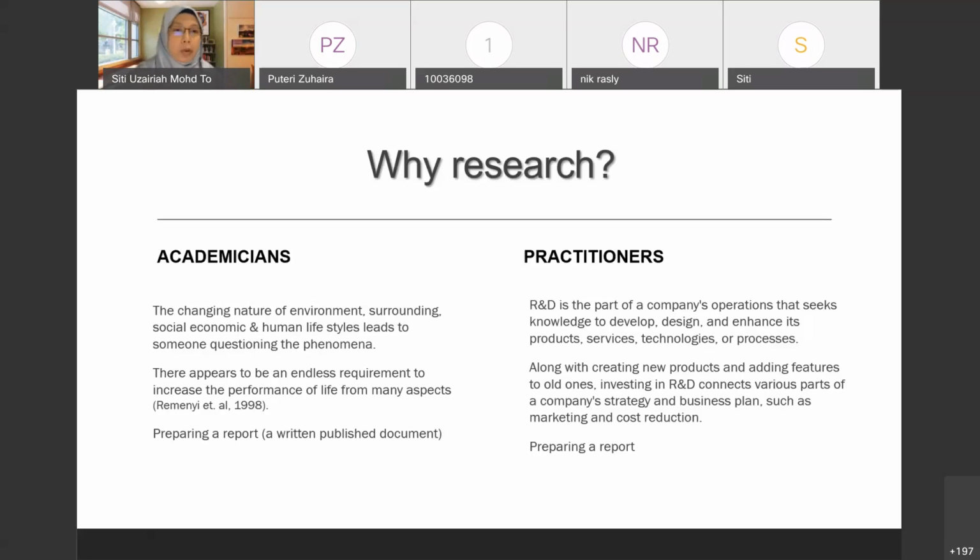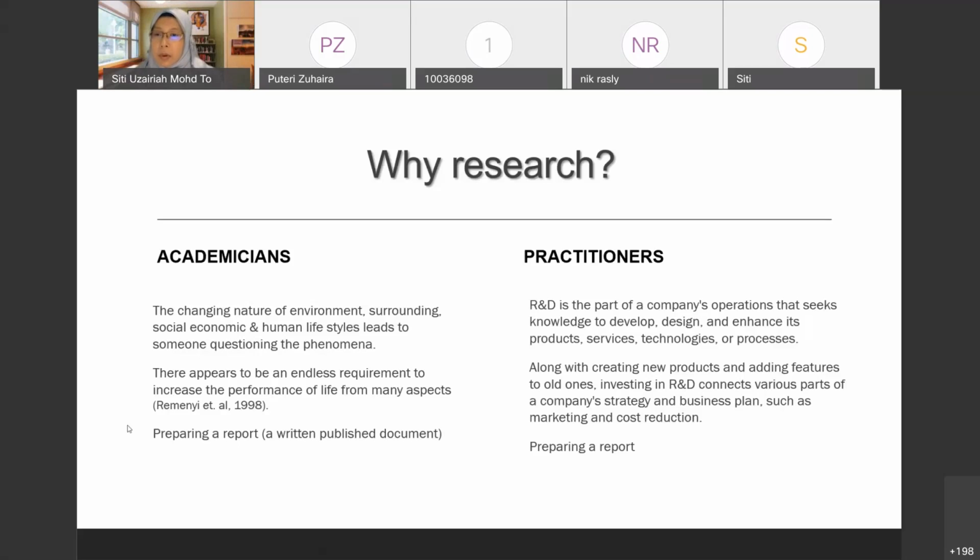If we look from the practitioner side, usually in a company or organization which is not a higher institution, you will have a research and development department, which will consistently seek knowledge to develop, to design, to enhance, to understand what customers need, to produce new things, to innovate, to be creative. So if we can see, it's not so much different. The key is we want to improve our situation.